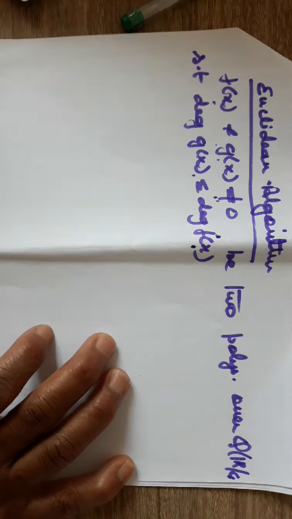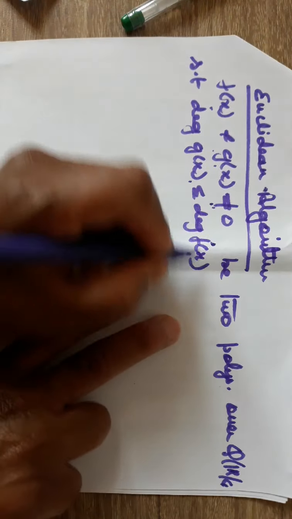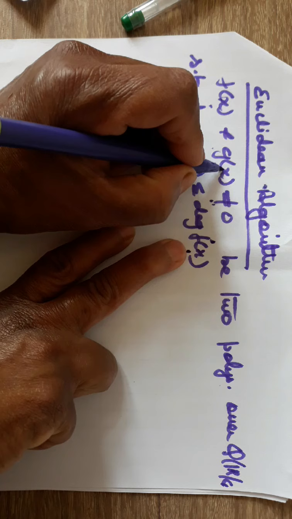By the division algorithm, you divide f(x) by g(x).